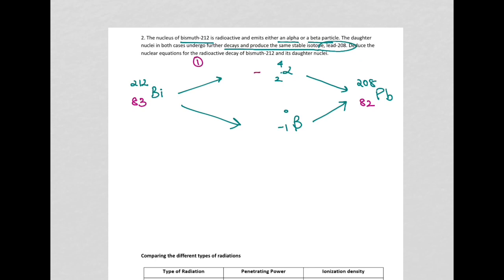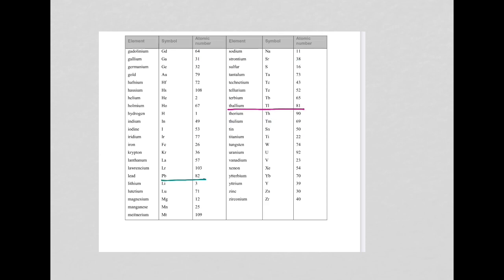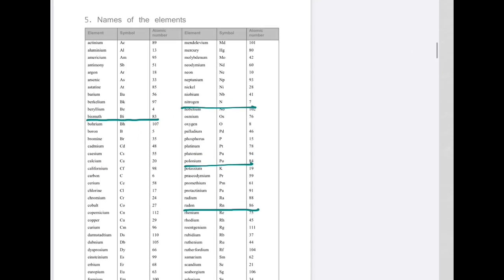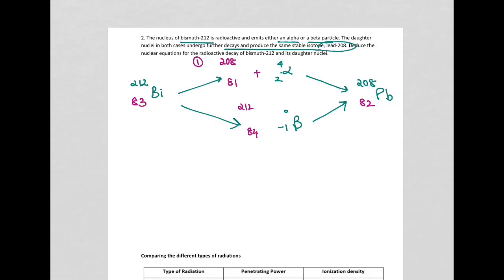So this will be a particle with 81 and 208. And with beta decay, this will be 84 and 212. And I'm going to find these elements in the data booklet. So 81 is thallium and 84 is polonium. So this will be thallium and this will be polonium.